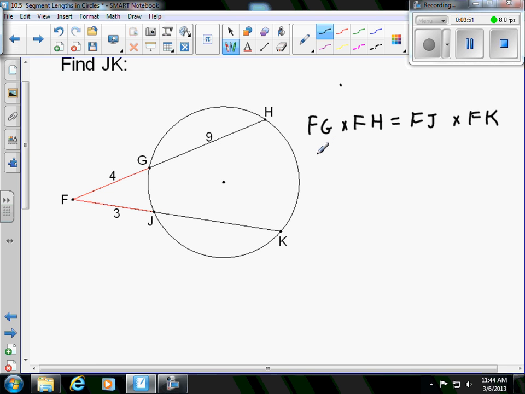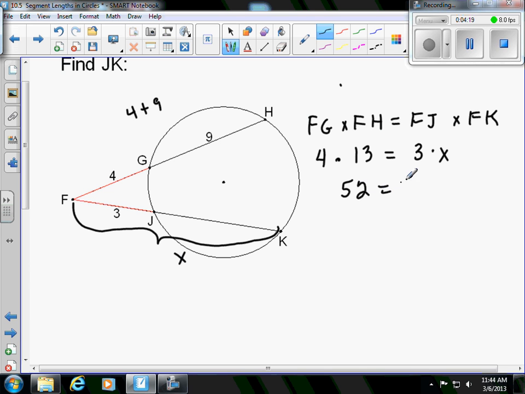So let's go ahead and plug in our numbers here. We have FG is 4, FH is 4 plus 9, which is 13, FJ is 3, and we don't know what FK is, so let's just call it X. Well, 4 times 13 gives us 52, so 52 is equal to 3x.